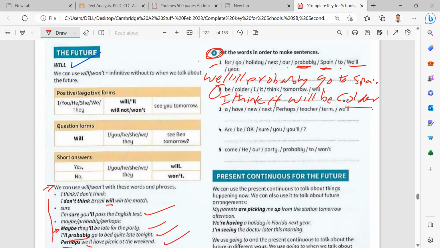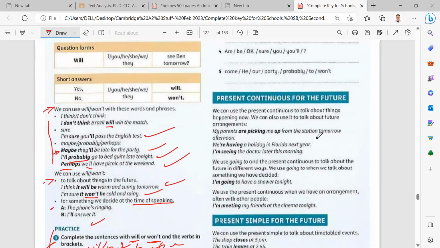Yes, for our holiday next year. Again, we will probably go to Spain for our holiday next year. Okay, Sarah? Yes. طيب, now what about present continuous اللي هي الحالة الثانية.